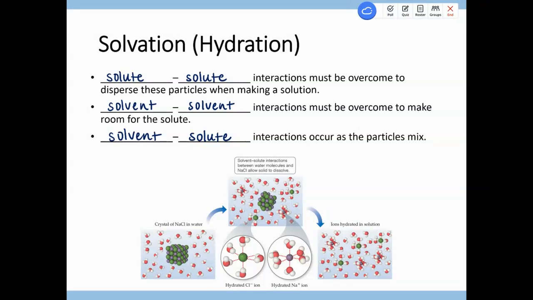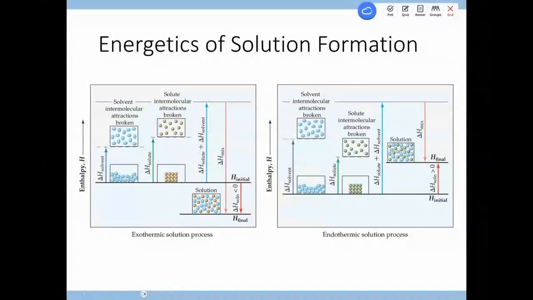This can result in an overall gain of energy or release of energy. So we can have an endothermic solvation process or an exothermic process. So we saw two slides back an exothermic graph where the sum of breaking apart ions and breaking apart intermolecular forces in the solution was less than the amount of energy released by forming the solution.